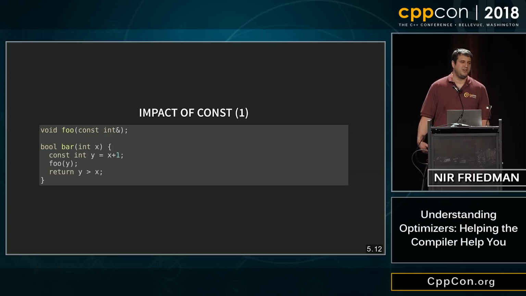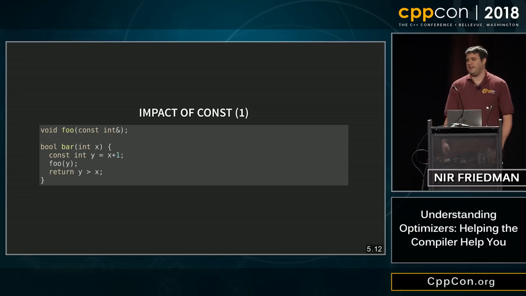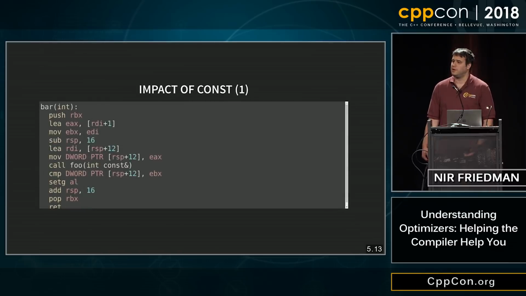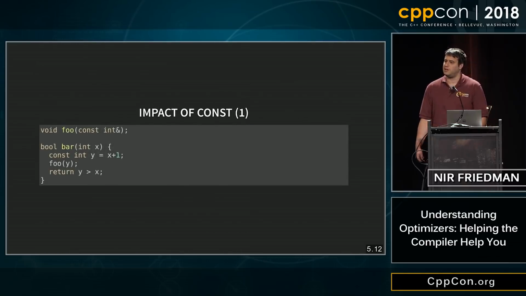Okay, maybe I set you guys up for that, but really you should have said the first answer. The compiler is allowed, as far as I know, to just return true, because it really is illegal for foo to change y. Const cast would be undefined behavior here, because y is actually const.